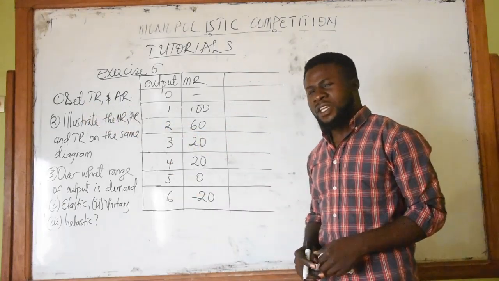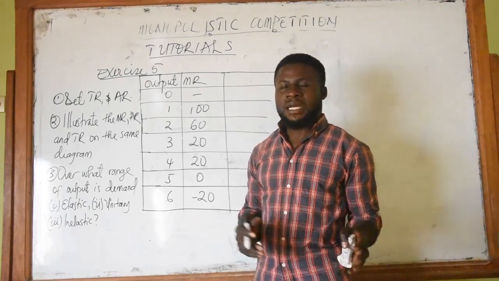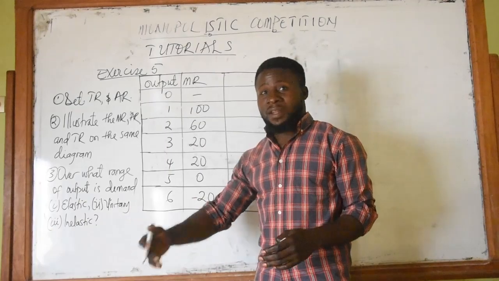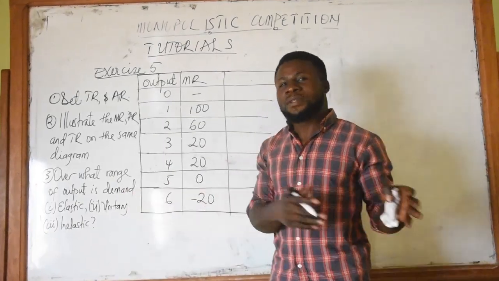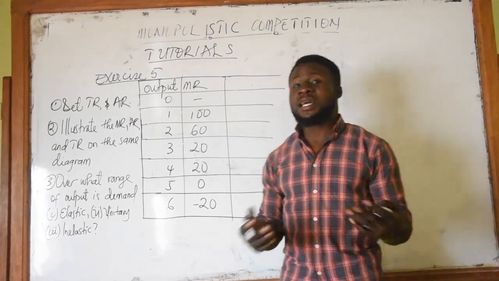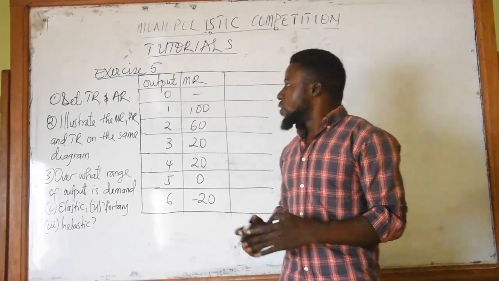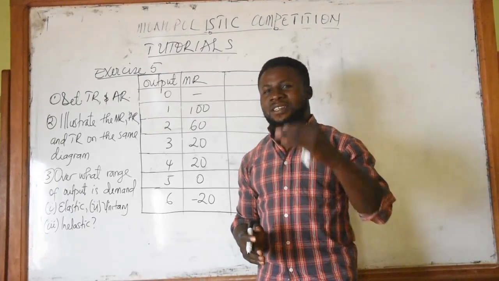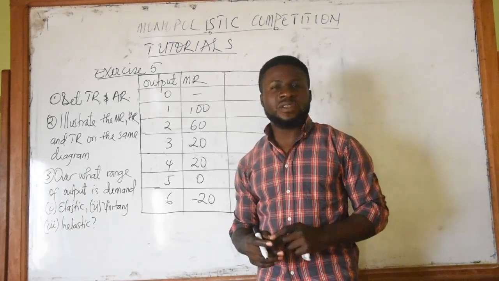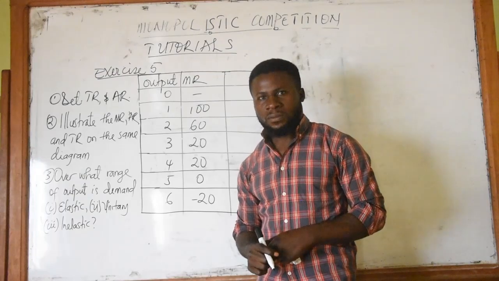How can we determine total revenue from marginal revenue? We rather determine marginal revenue from total revenue always. But you can go about it. It is simple if you understand the concept. Marginal revenue is the extra revenue that we generate when one additional unit of output is produced.